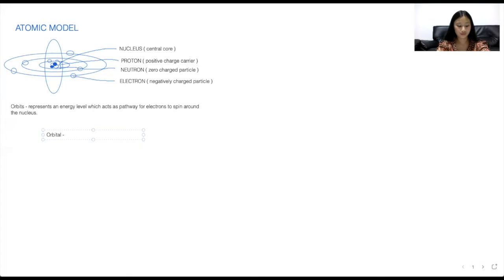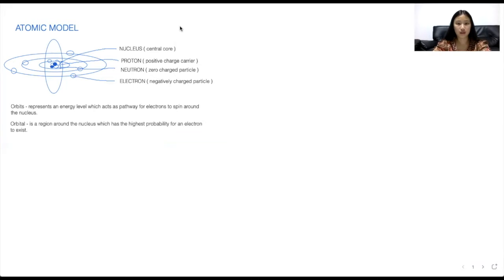While an orbital is a region around the nucleus which has the highest probability for an electron to exist. Orbit is this one, and orbital is this one.